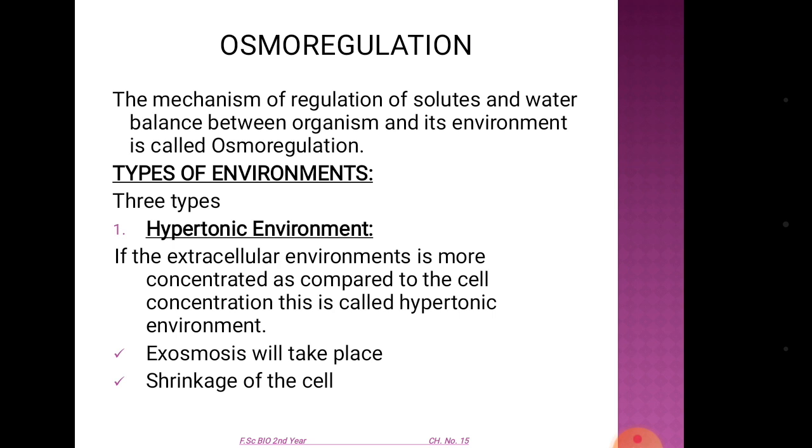Water will move out from the cell, and shrinkage of the cell will take place. More water will move out of the cell because higher solutes are present in the outside environment. In this case, shrinkage of the cell will occur.